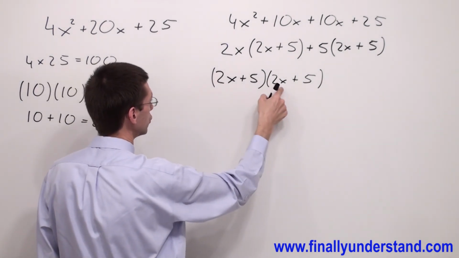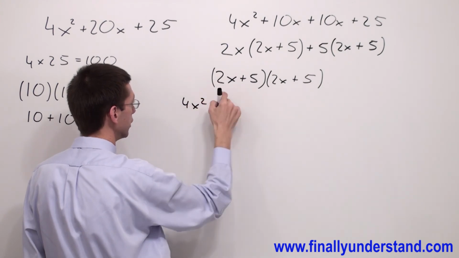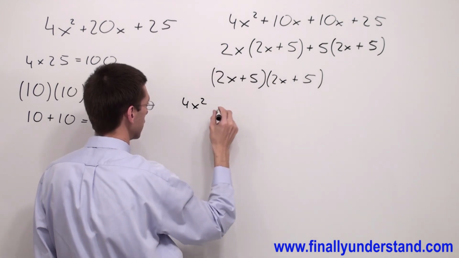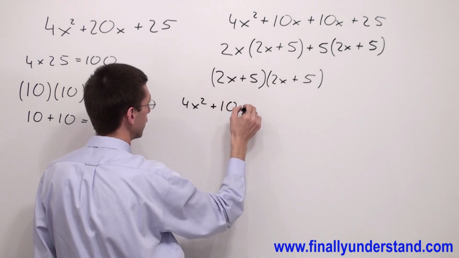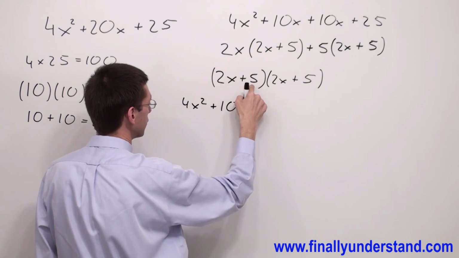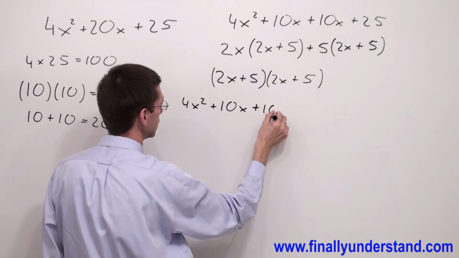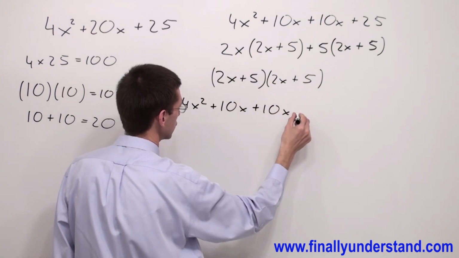2x times 2x is equal to 4x squared. 2x times 5 is 10x. 5 times 2x is 10x. 5 times 5 is 25.